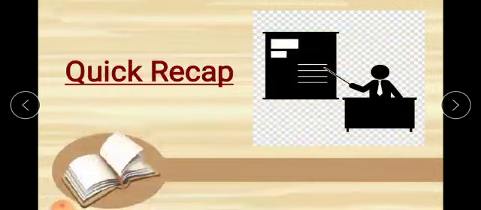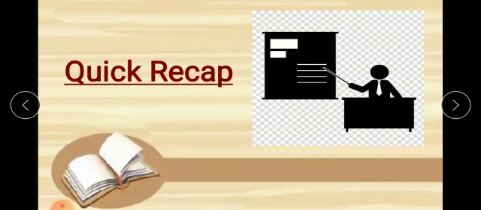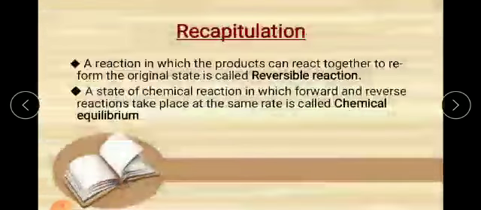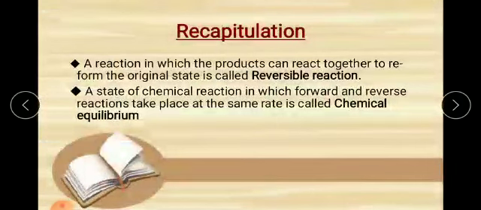So, let's have a very quick recap. We will discuss reversible reaction and chemical equilibrium. A reversible reaction is a reaction in which the products can react together to reform the original reactants.